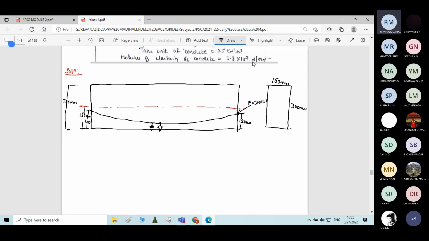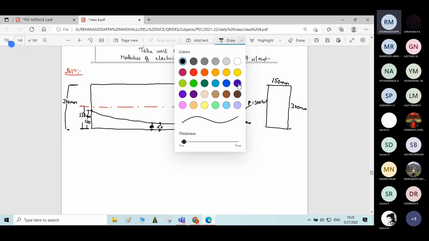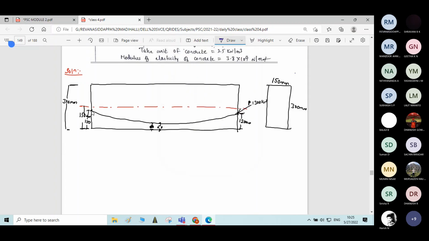Let me join the endpoints of the cable now. The full cable is located below the central axis, correct?